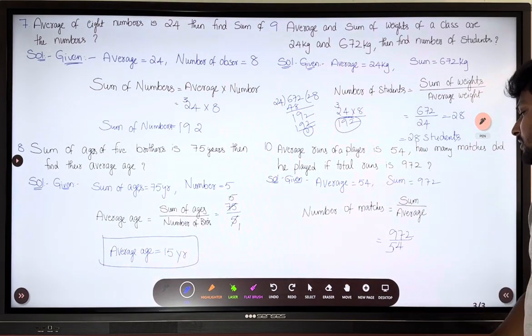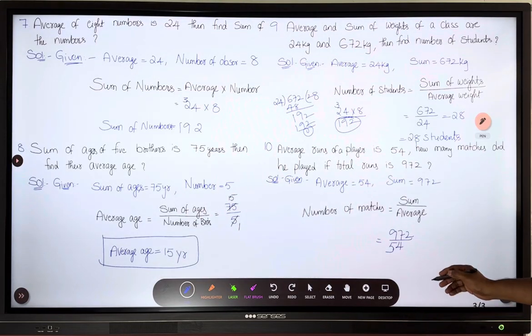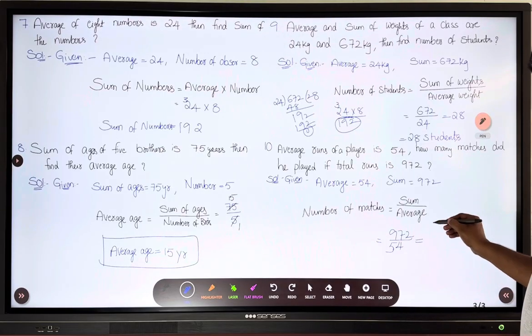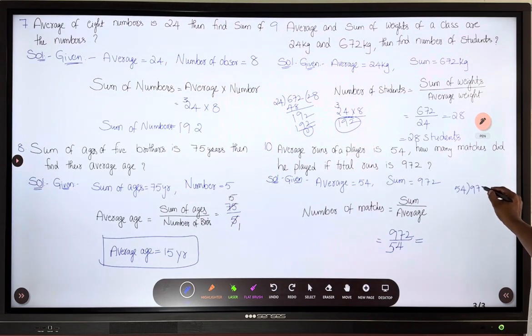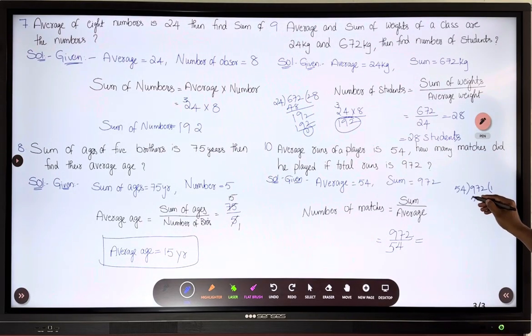If we do that, we get the value of number of matches. So if we divide 972 with 54, ones are 54, 3 and 4, 32.